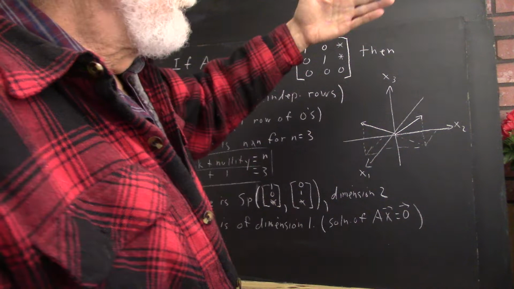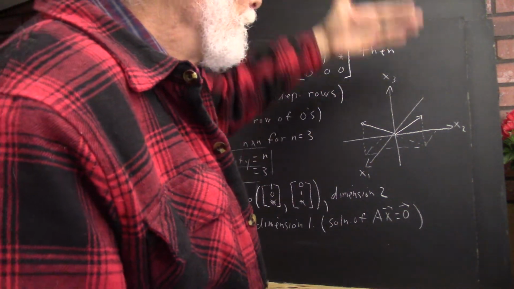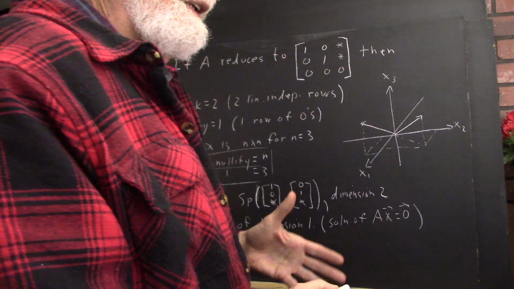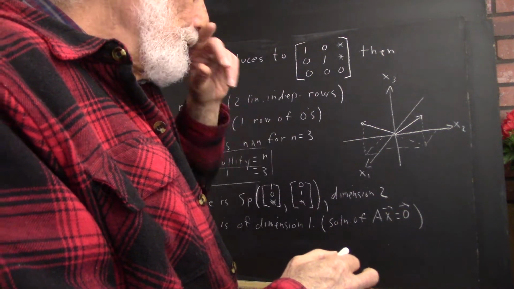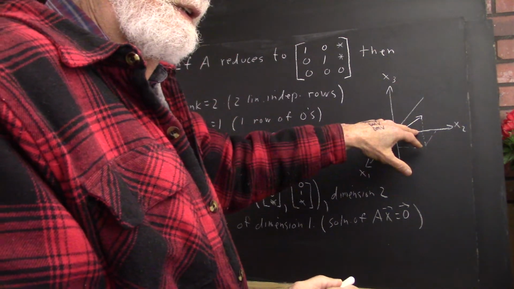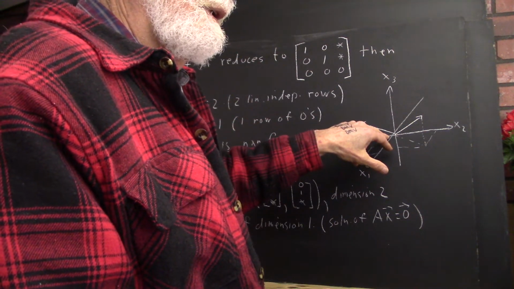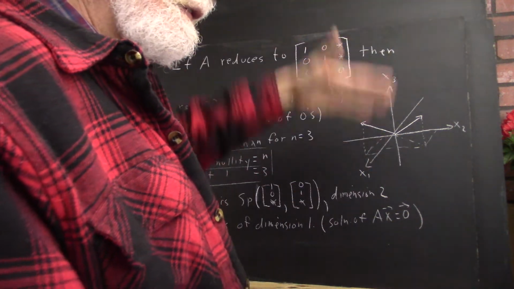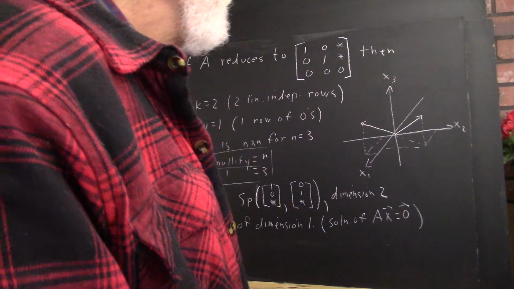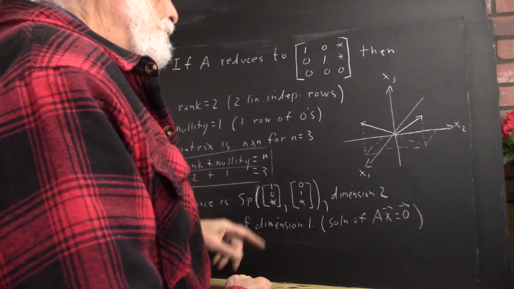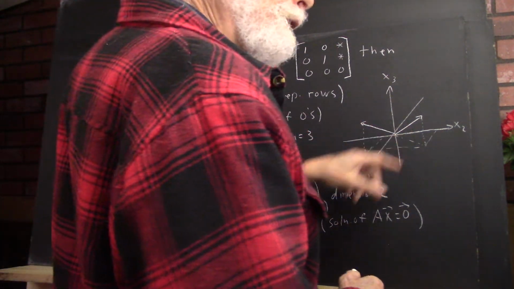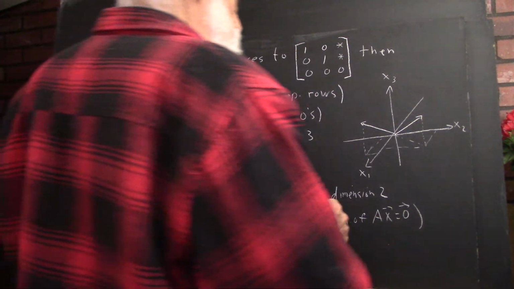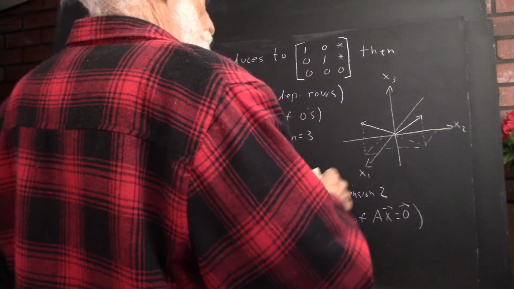If we put a sheet of glass over these two vectors, there's exactly one way that sheet of glass can be oriented to cover these two vectors, to lie on these two vectors, and that sheet of glass is a plane. Okay, so these two vectors are a basis.